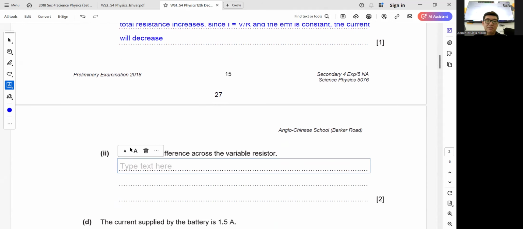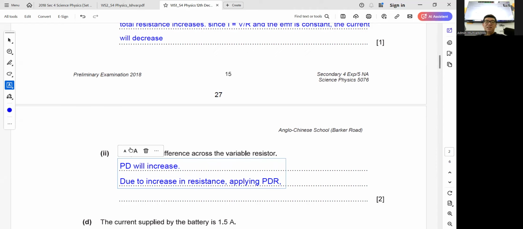First, you want to say that the potential difference will increase as the distance... You gotta apply PDR. The PD of the variable resistor will increase.